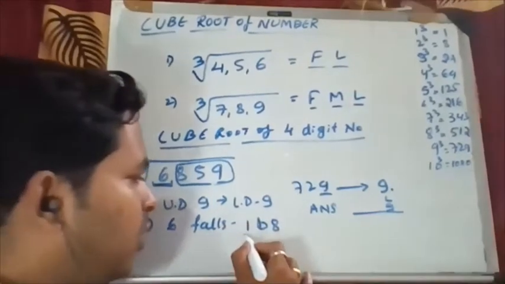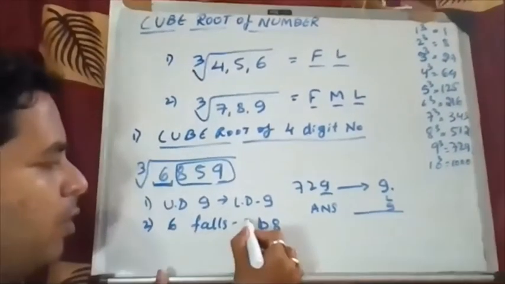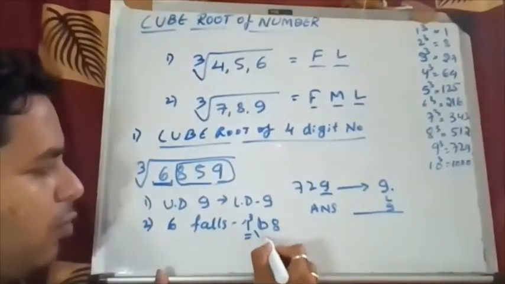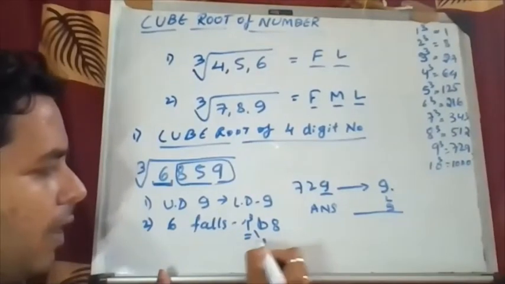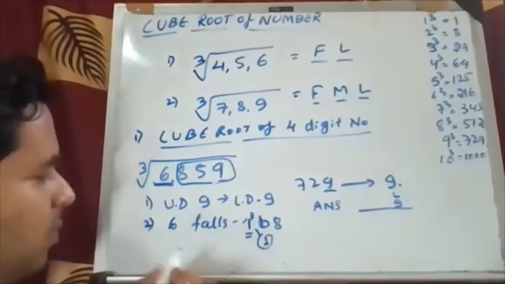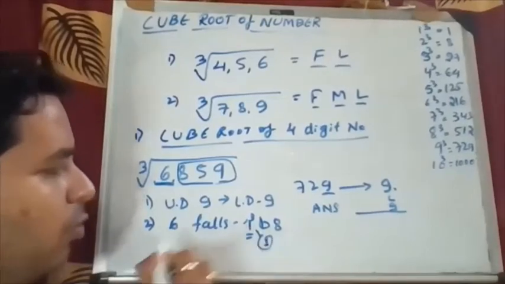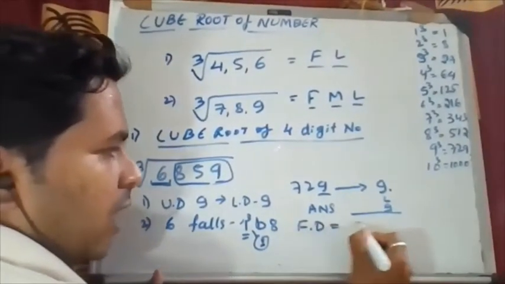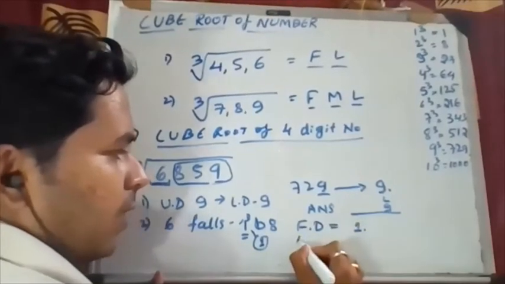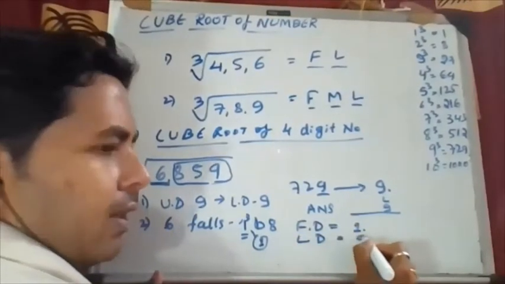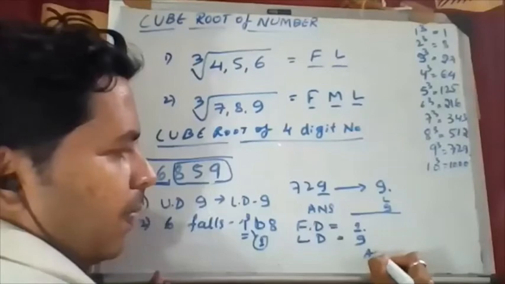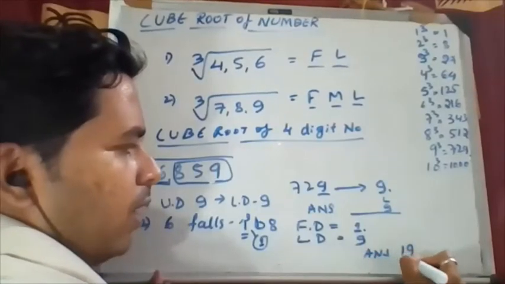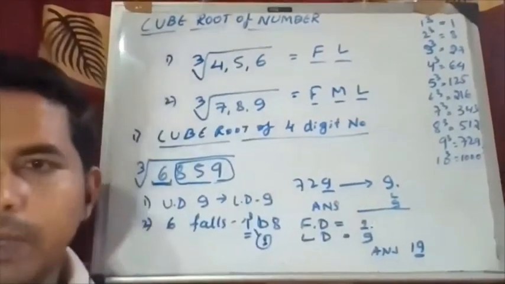The 1 will be the smallest number. So 1 cube will be the smallest number. इसका 1 cube का आंसर क्या आएगा? 1 आएगा. Consider that 1 cube is a 1. So that will become your first digit. And your last digit is 9. So your answer will be 19.